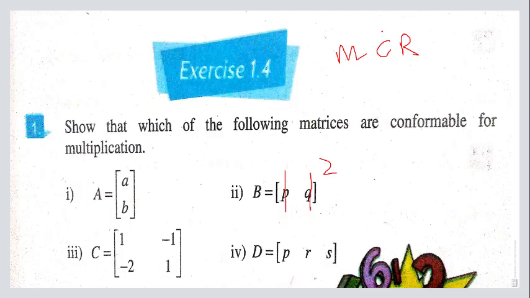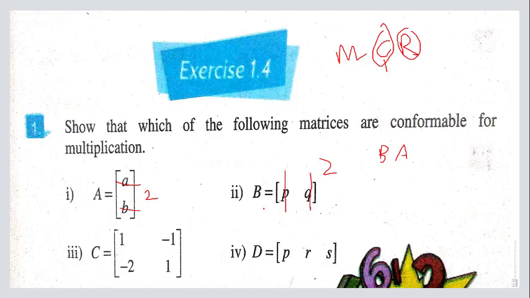I have to check for columns in the first matrix and then for rows in the second matrix. So there are 2 columns, and then I will check for rows in the other matrix. I'll start with A. How many rows are there? 1 and 2. So this means that B and A can be multiplied. In the solution we will write BA as well.